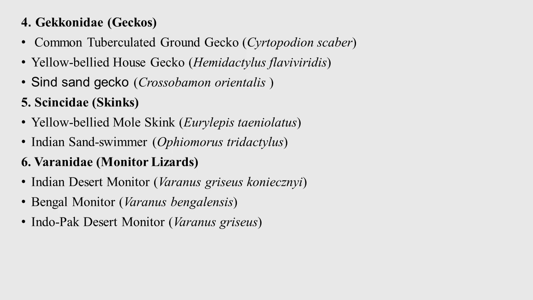The fifth family is Scincidae, the skinks: yellow-bellied mole skink and Indian sand swimmer, 2 species found in Cholistan. Varanidae, monitor lizards: 3 species of this family are found in Cholistan.